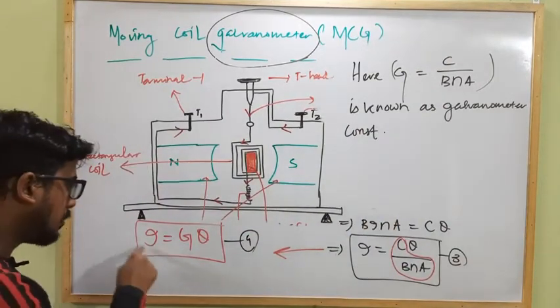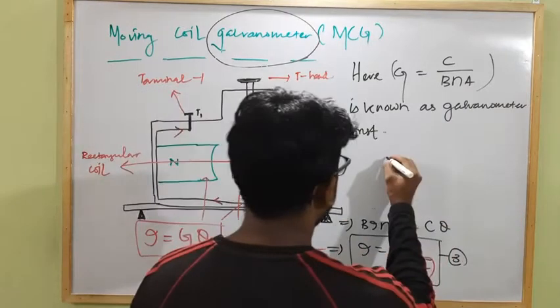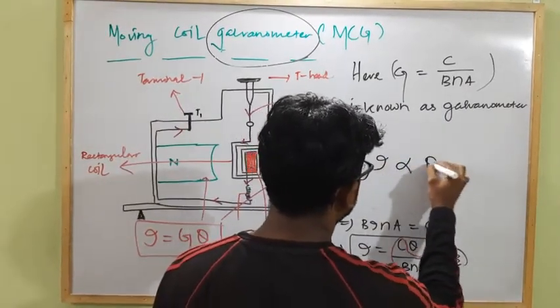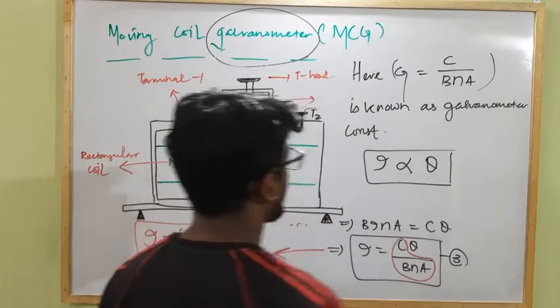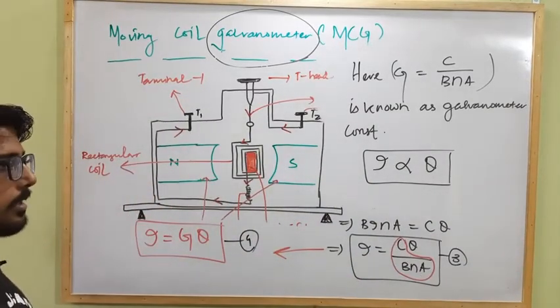So from equation 4 we get that the current flowing through the galvanometer is directly proportional to the deflection shown by the spring. Okay, clear?